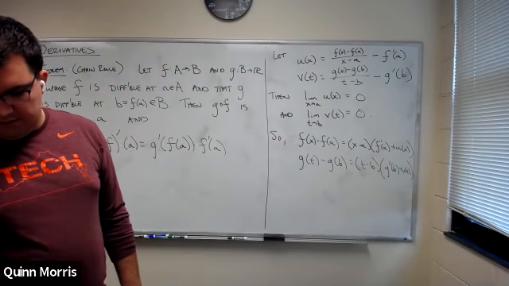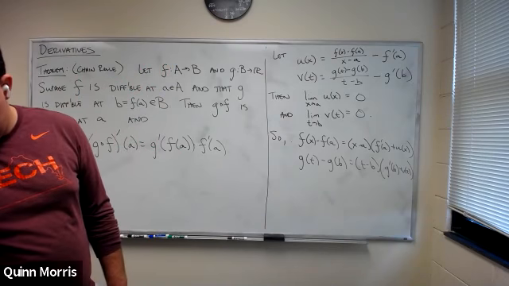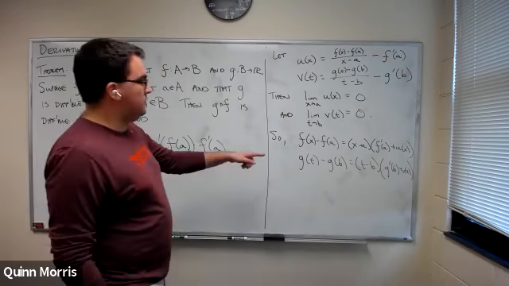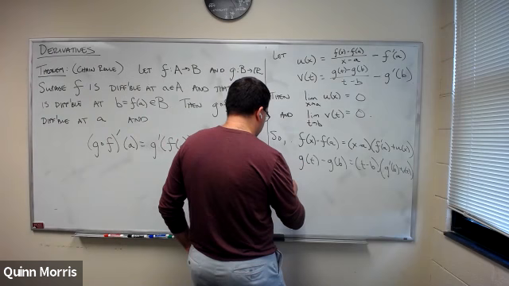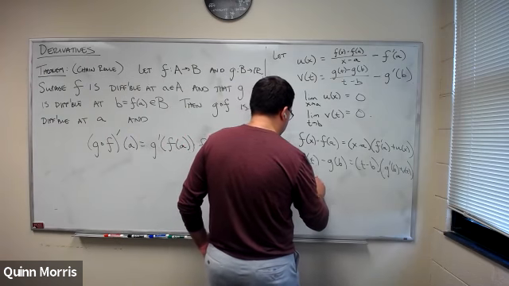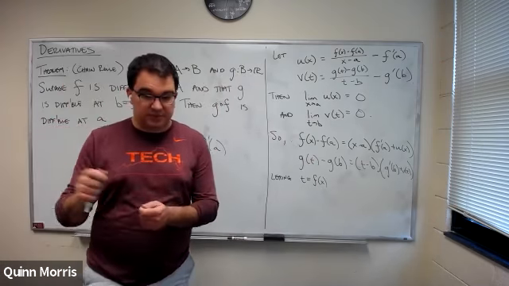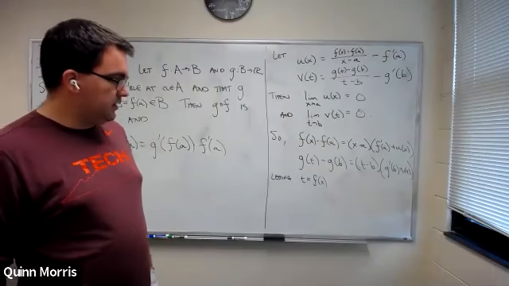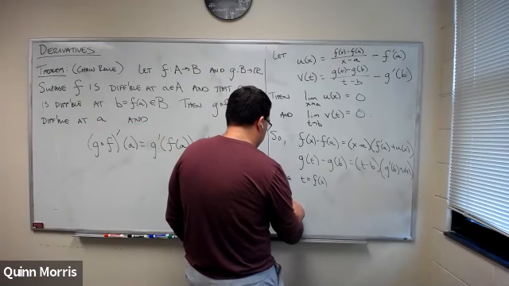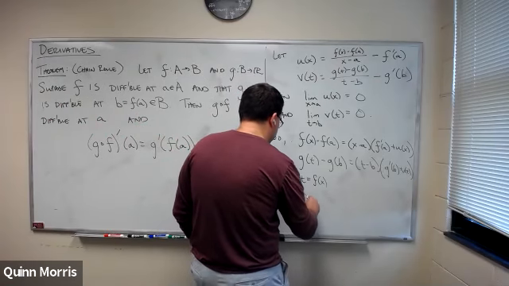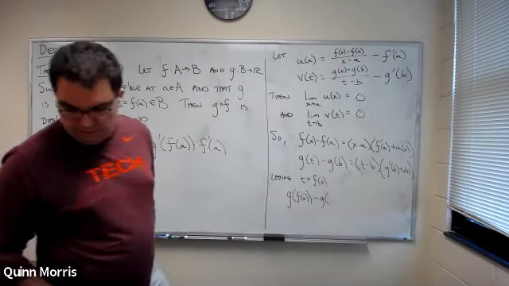But let's see, what else do I know? I'm really thinking of this t as not just any t. So let t be equal to f of x. Now I'm defining an explicit relationship between t and x. If I do that, I get g of f of x minus g of b.